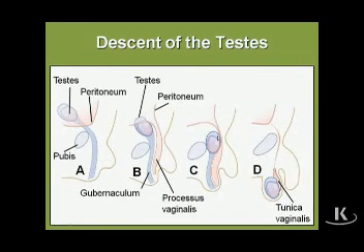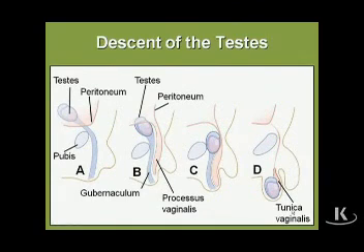After the processus vaginalis descends, and then after the testis descends, the proximal part of the processus vaginalis fuses and disappears, this part. The distal part of the processus vaginalis remains unfused and is down in the scrotum, covering the testis, and takes a new name.